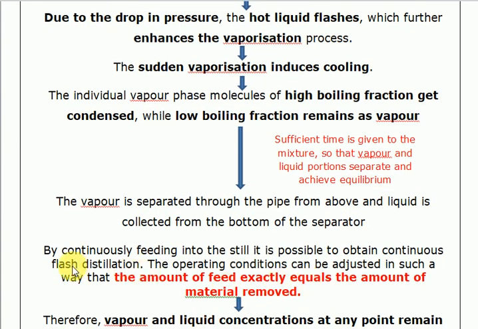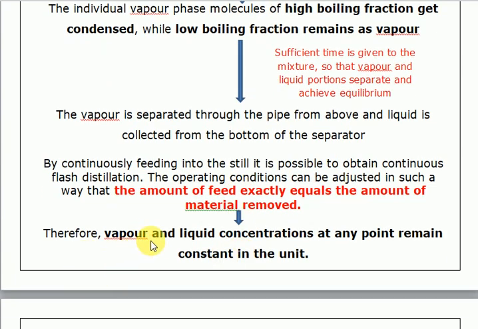By continuously feeding, you will get a continuous flash distillation, so it is a continuous process also. Therefore, the vapor and liquid concentrations at any point remain constant in the unit. It is very logical, right? Continuously you are providing the feed into the instrument.